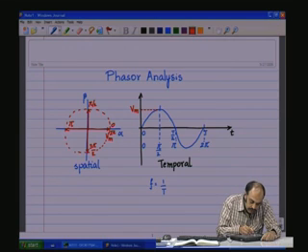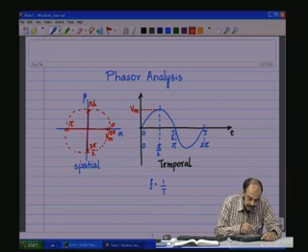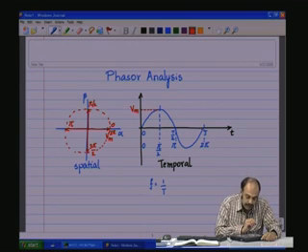It comes to 2 pi. So, a vector which rotates like that, completes one complete circle, is equivalent to a sine wave which has completed one period.